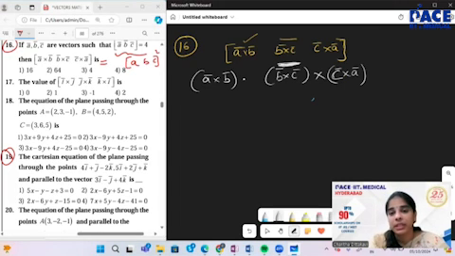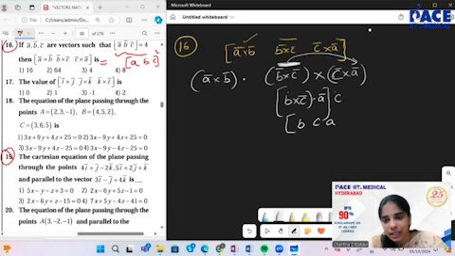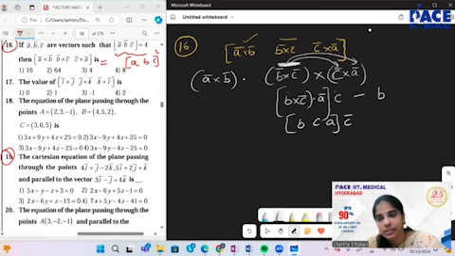That is B cross C dot A times C, and this can be considered like the box BCA with the vector C. Next, minus the same B cross C dot C times A.